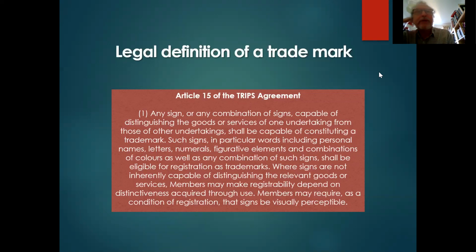So figurative marks, word marks, colors, and shapes. So for example, let's take a recent medicine, Viagra. There's a trademark on the word mark, Viagra. Of course, the generic name is sildenafil, which no one is allowed to have trademarks on.